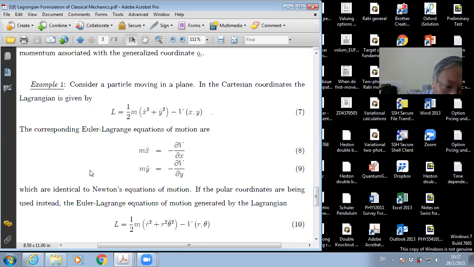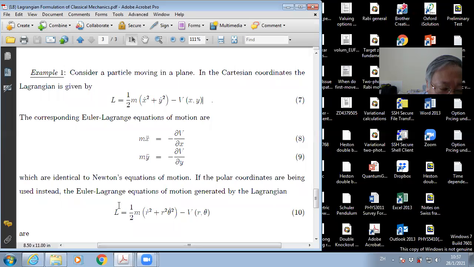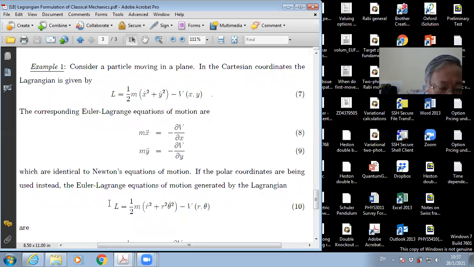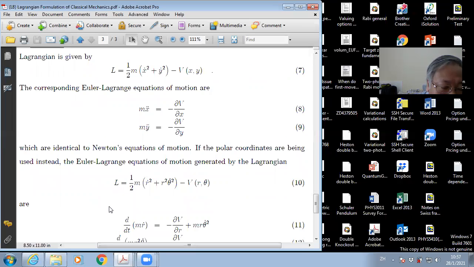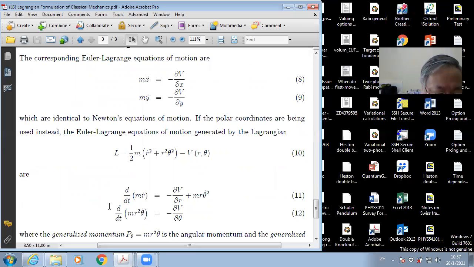We can also use the polar coordinates, and the Lagrangian will take this form given in equation 10, and we follow the same general rule for obtaining the Euler-Lagrange equation of motion.